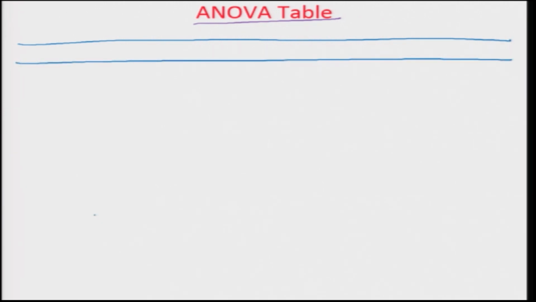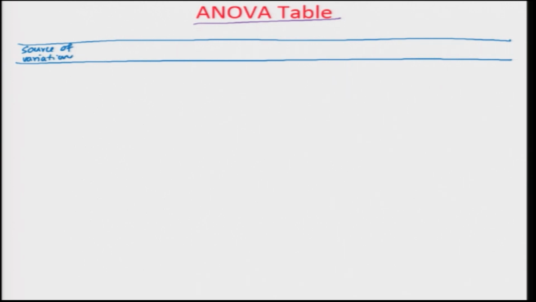The analysis of variance table or the ANOVA table, as we saw earlier, is built in a particular fashion. The table has very specific headings. We have source of variation.